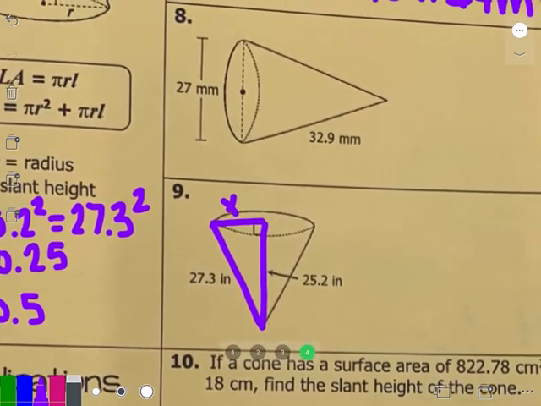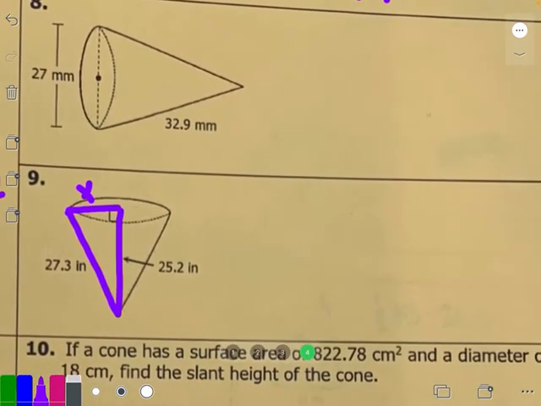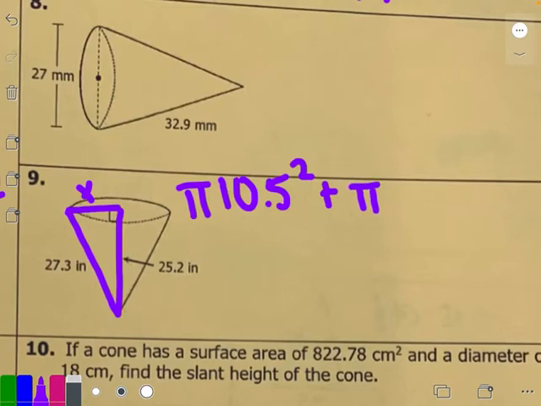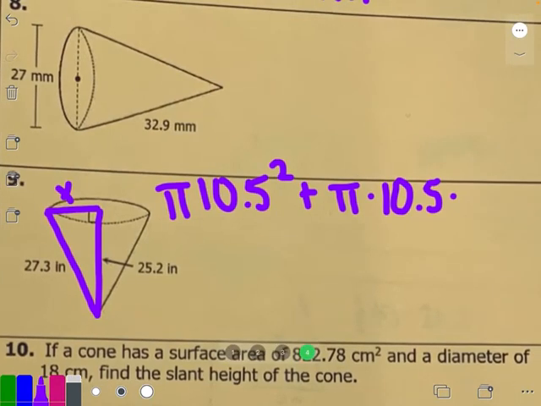So now I have my radius. Now that I have my radius, I can do pi radius squared plus pi times my radius times the slant height, which is the hypotenuse of that triangle I just did, which is 27.3.